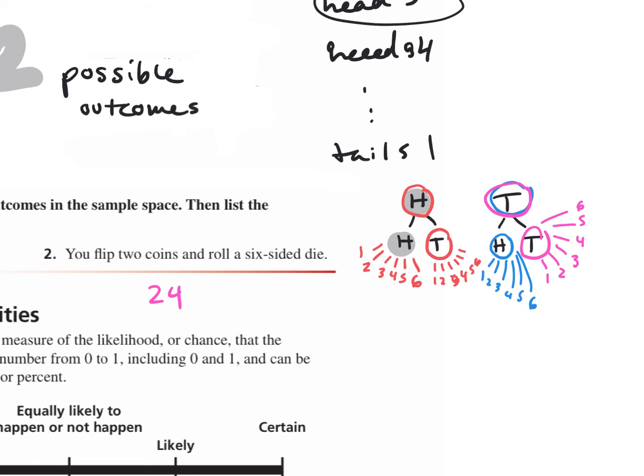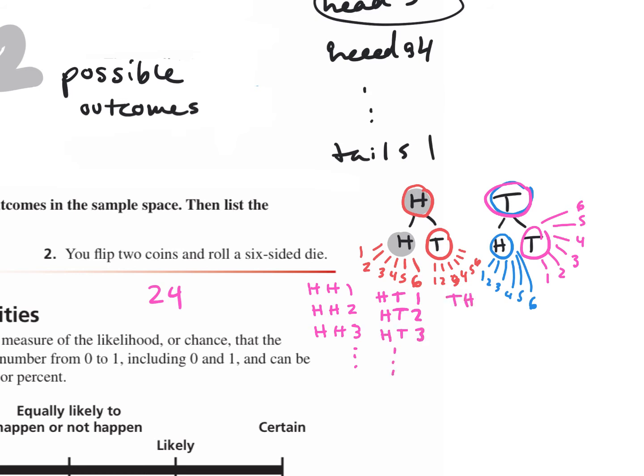Because you have 4 possible coin outcomes and 6 die outcomes, you multiply. If we were to list them all, we would have heads, heads, 1; heads, heads, 2; heads, heads, 3; 4, 5, and 6. We could have heads, tails, 1; heads, tails, 2; heads, tails, 3; 4, 5, and 6.